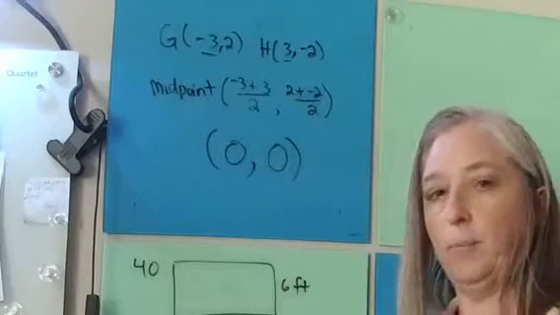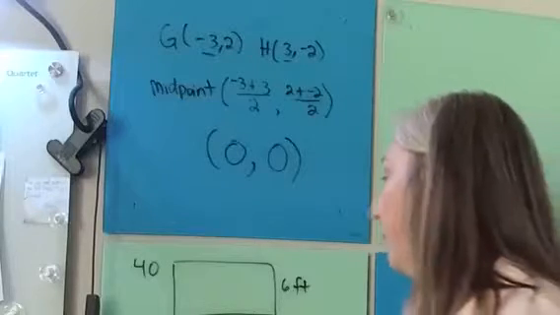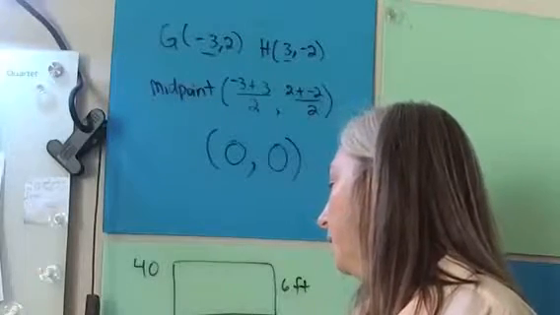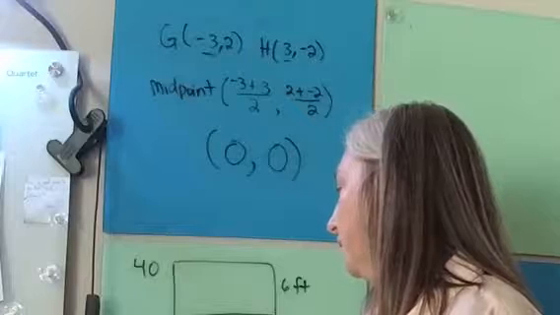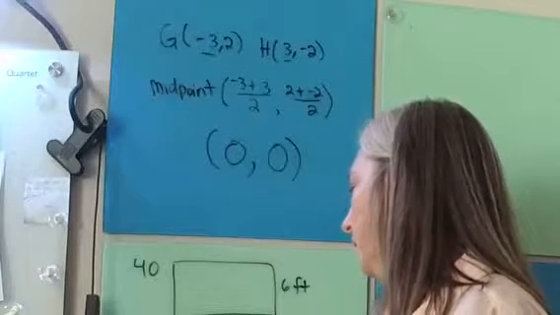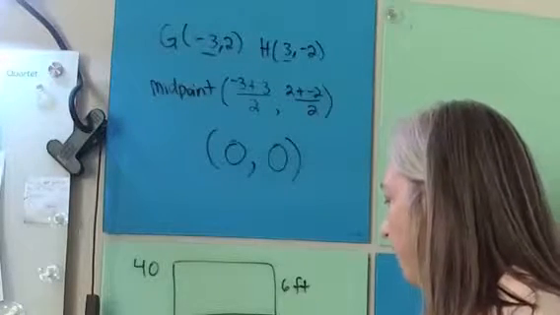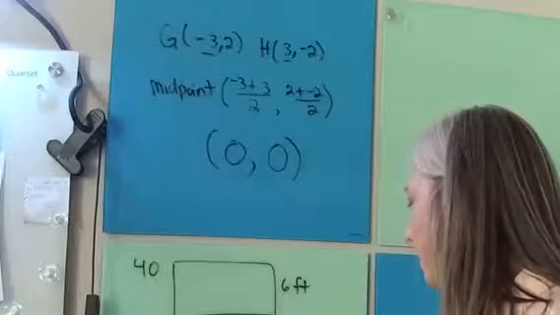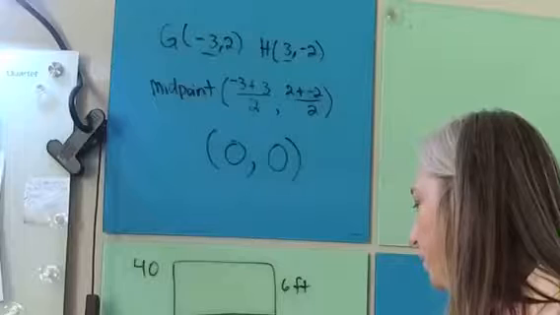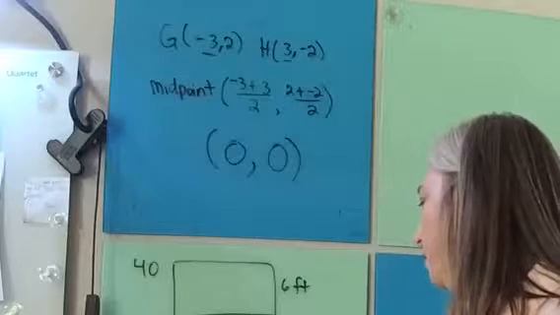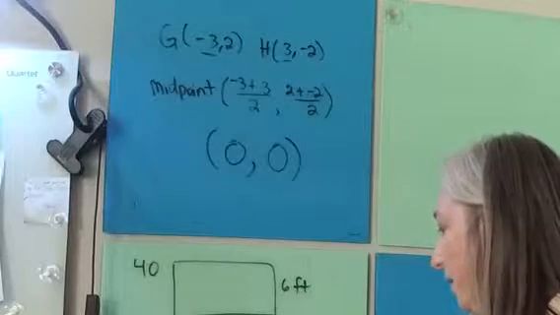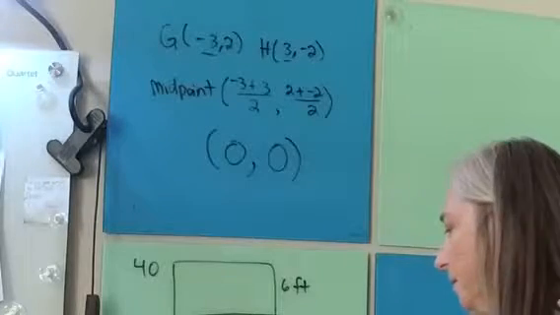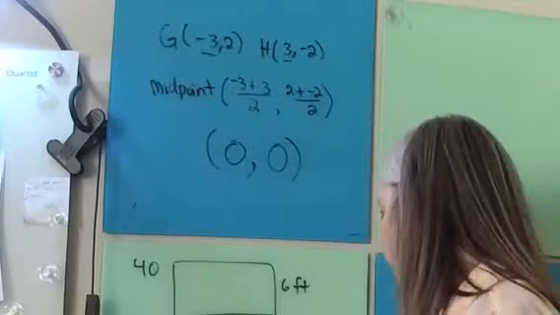So I need to make sure I know all of my formulas, but for the perimeter, it's going to be 2 times the base plus 2 times the height. So it'll be 2 times 13 plus 2 times 6. That will be 26 plus 12. So for the perimeter, I will get 38. And that was in feet.